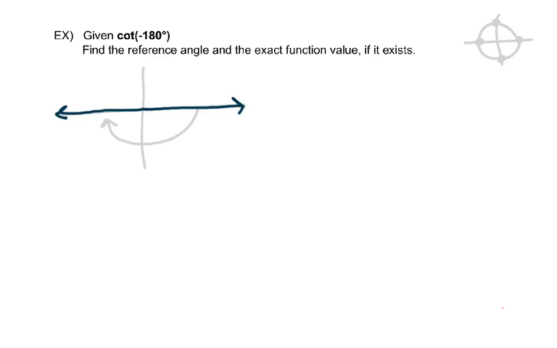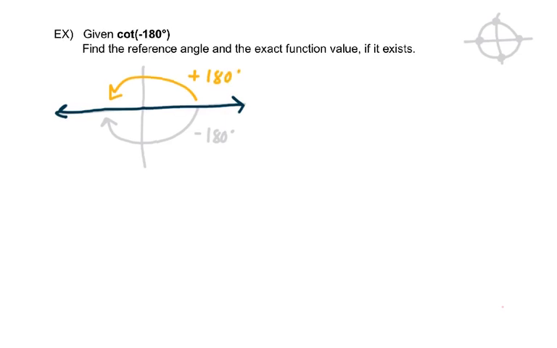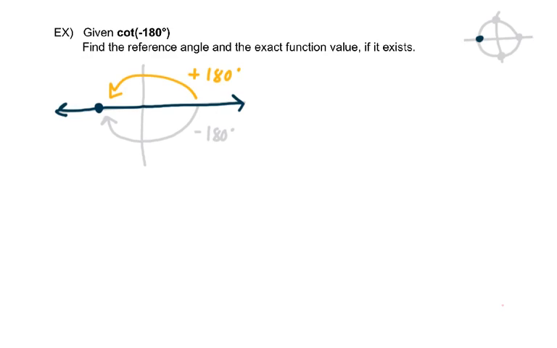So this is a -180-degree angle. It's coterminal with +180 degrees. They end in the same spot. So thinking about my point on this angle being a point on the outside of that circle of radius 1, what would the ordered pair be? That ordered pair would be -1 for x and 0 for y.